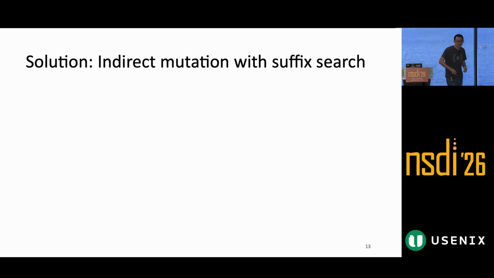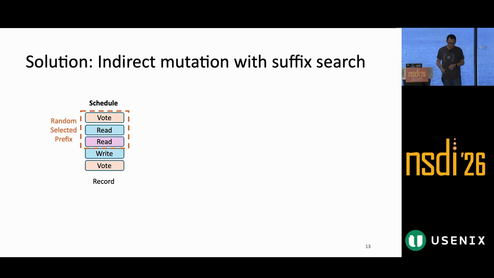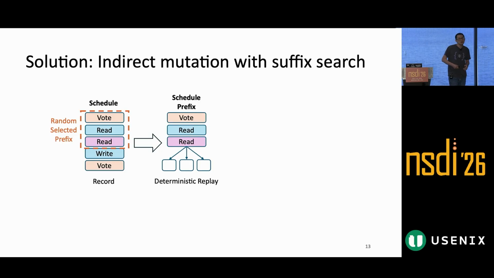So the way we solve this problem is through indirect mutation. Assuming we have a schedule, we perform some random sampling to select a prefix of this schedule. In this case, we use deterministic record and replay to replay the schedule all the way to the prefix.